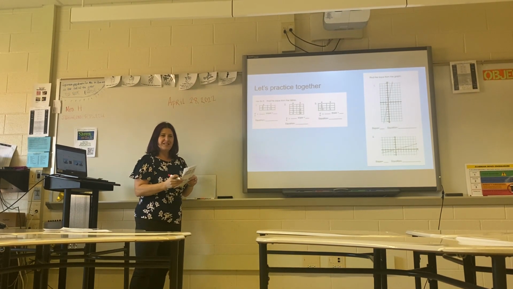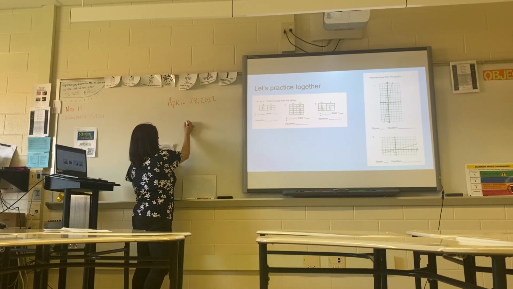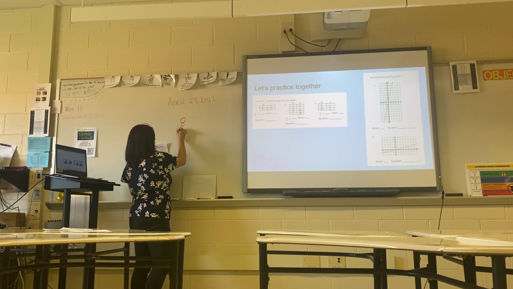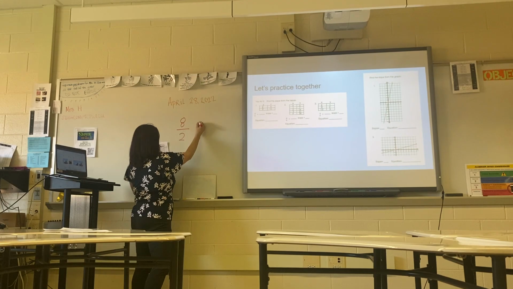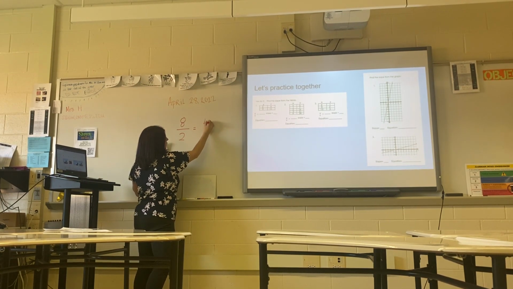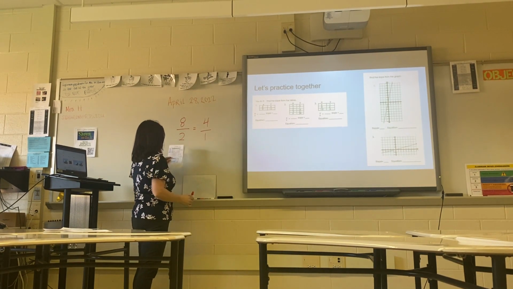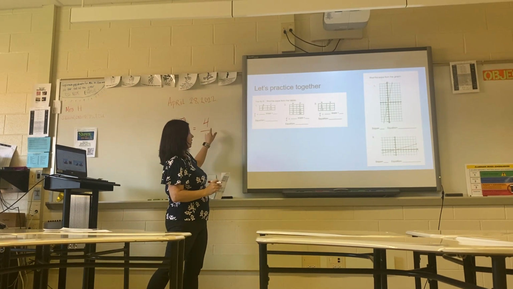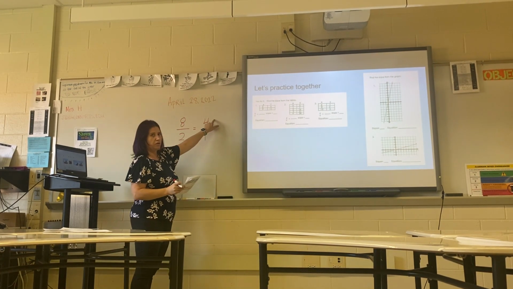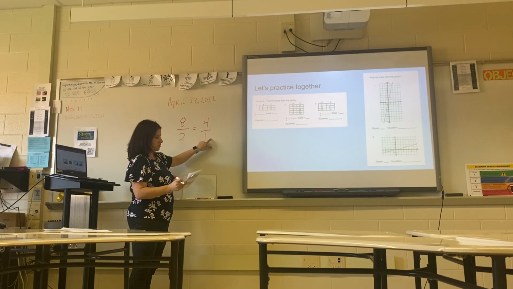Okay, does anyone want to volunteer? That's great. Yeah, it would be 8 over 2, and then you would simplify that to 4 over 1. That would be the slope, 4 over 1, the vertical change over the horizontal change.